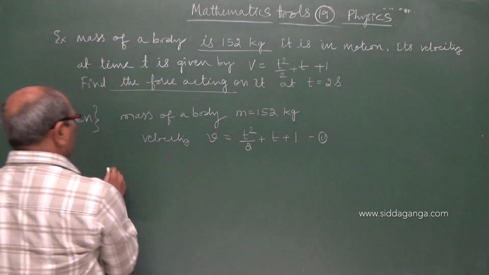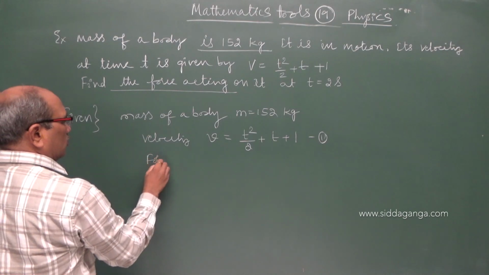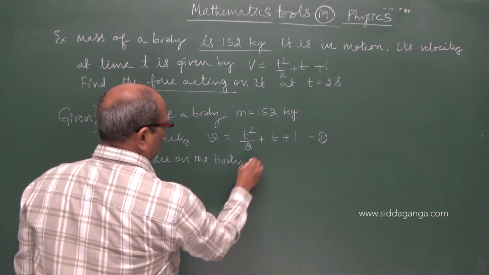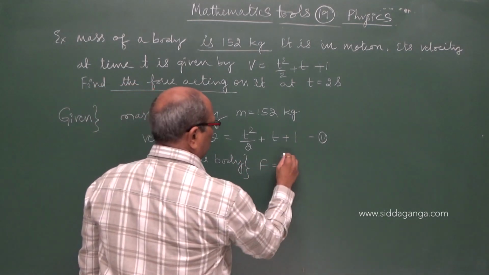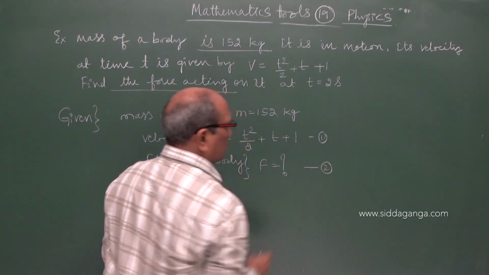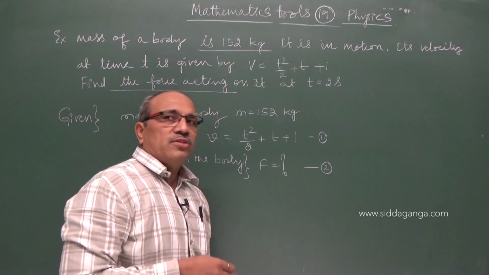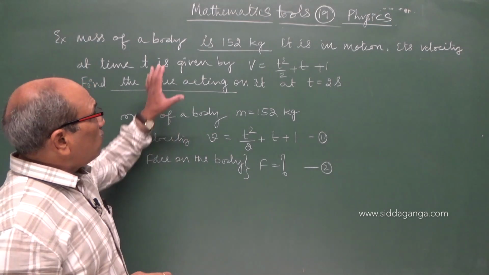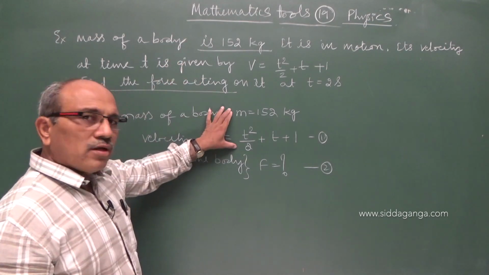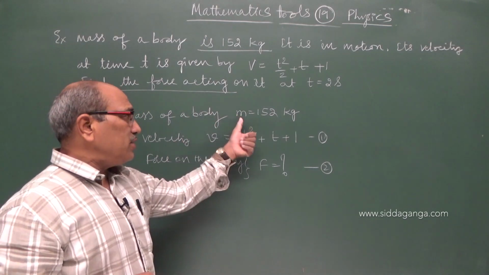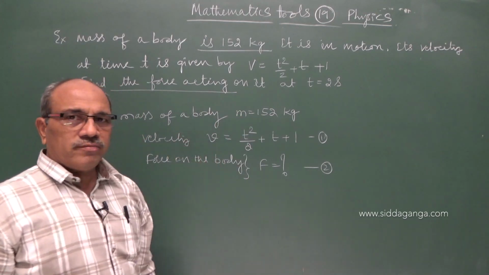Find the force acting on it. The question is on the force on the body. F is equal to how much? Always when we are going through problems in physics, first you think what exactly is given and what is the question. They gave the mass, they gave the velocity.